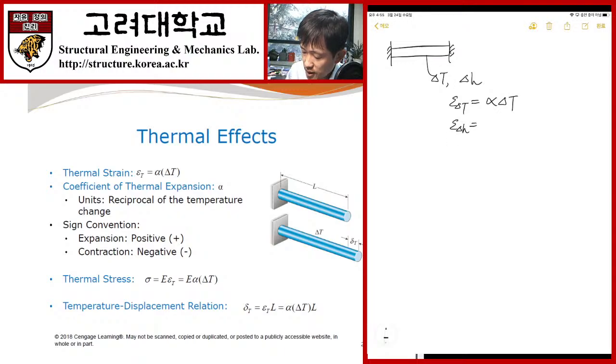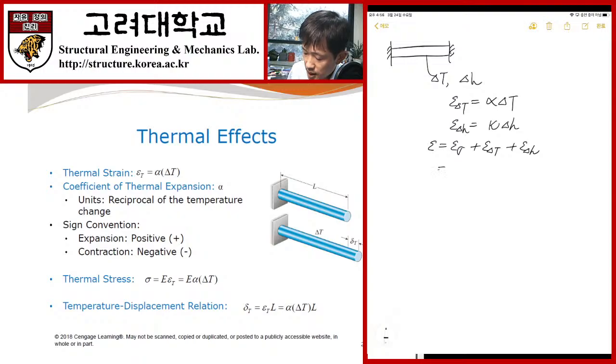Humidity strain can be also given by the humidity dilatation coefficient delta and the humidity change. So which means the total strain is equal to strain caused by stress, and strain caused by the temperature change, and strain caused by the humidity change.